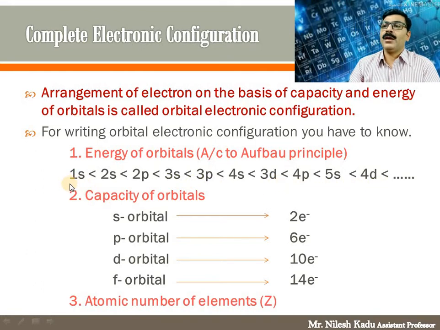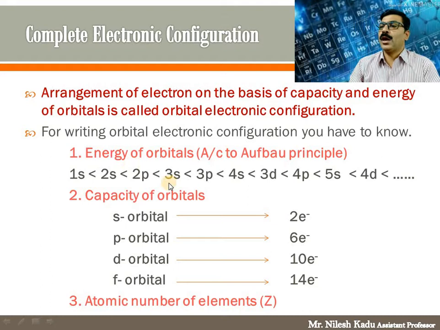For example, 1s orbital has lower energy than 2s orbital, so 1s orbital is filled first and then 2s orbital. Again the 2s orbital has less energy than 2p orbital, so 2s orbital is filled first and then 2p orbital.